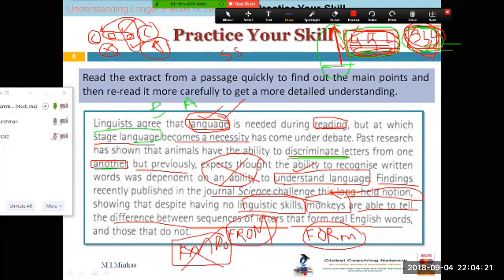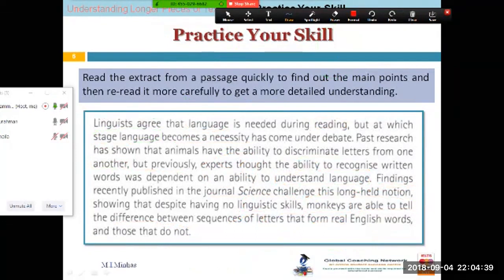This sequence of alphabets doesn't make any word. Obviously, there must be some background to it, that they might have taught something to the monkeys who took part in this study. But this was the finding of this study, right?